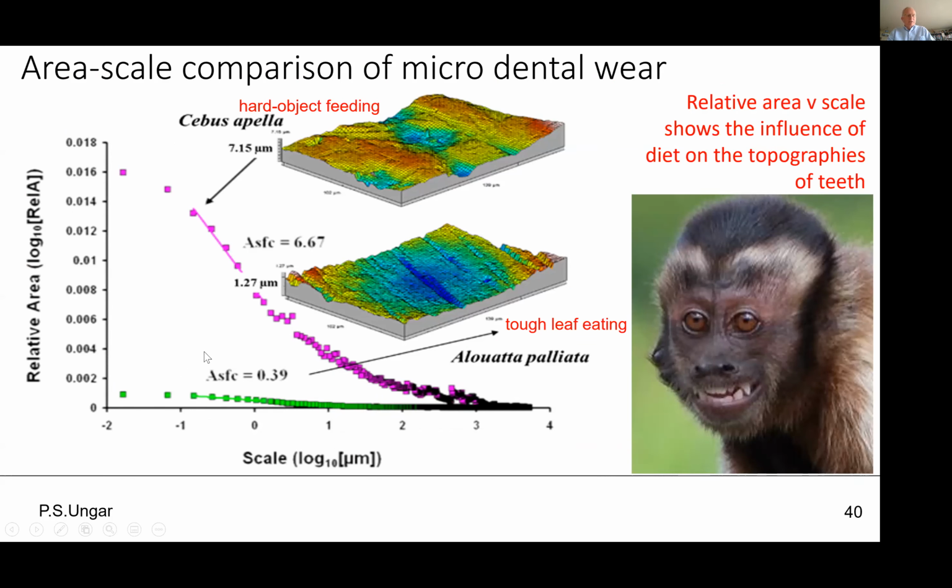And so in this case, oops, we're going along a little bit, aren't we? Okay, we're almost through, bear with me. So in this case, we can clearly distinguish people eating or animals eating hard objects and tough leaves. So this is work done by Professor Unger at the University of Arkansas. And this is not Professor Unger over here.